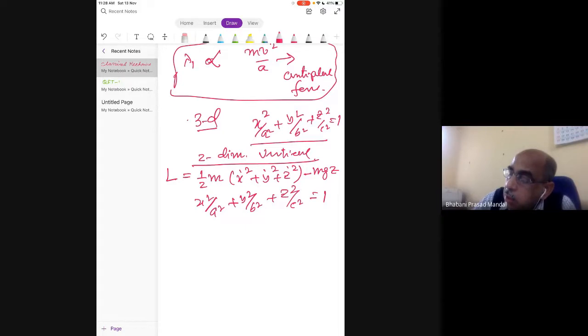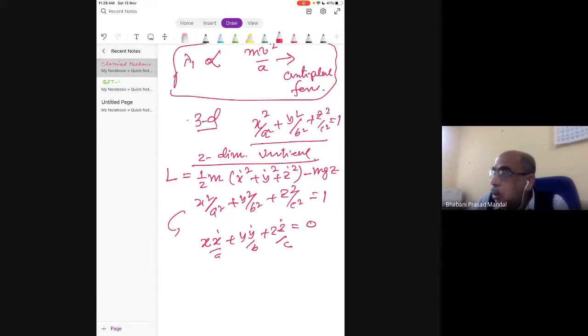First you write the constraint equation in that form. So this will be x dot by a, y dot by b, z dot by c equal to 0. I differentiate, and there will be a, b, c, because if I differentiate, the 2 can get cancelled, and the right hand side is 0.